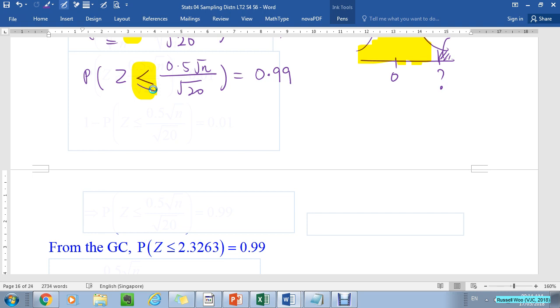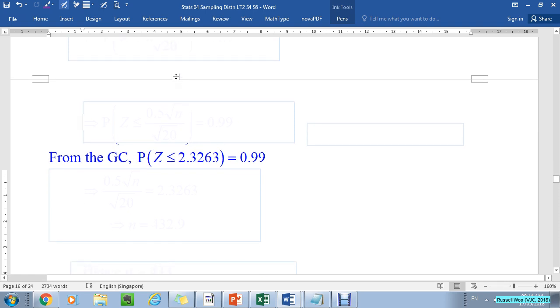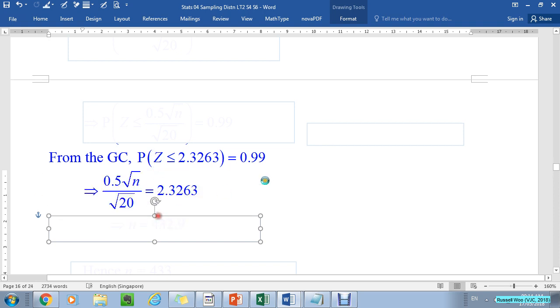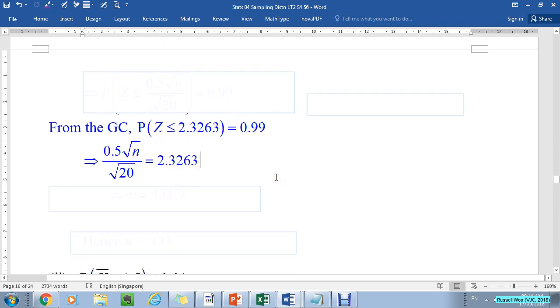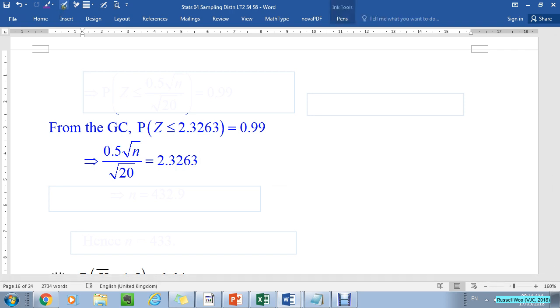We want to find n. So, you just equate this to 2.3263. This is an intermediate step, better leave to 5SF.